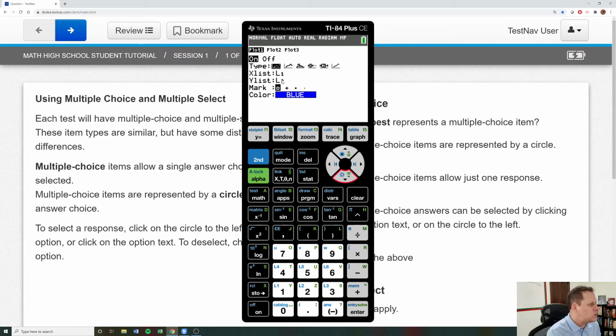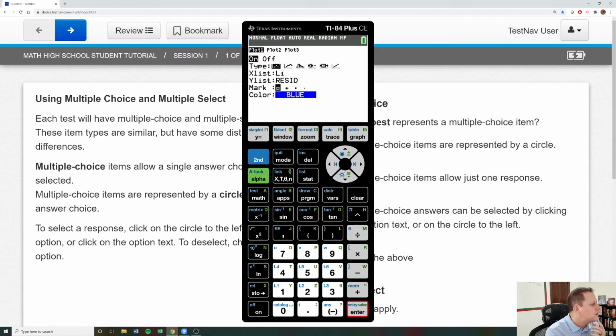So instead of L2, we need it to find the residuals list. Where that is, it is at second list. So that's going to be second, and then see how it says list here in blue? Second list. And it's got the names of all the lists, and then the last one here is resid. That's the list of residuals. So we will go down there, enter, and now we're going to be graphing L1 versus the residuals. This is going to let us see what those residuals look like together.